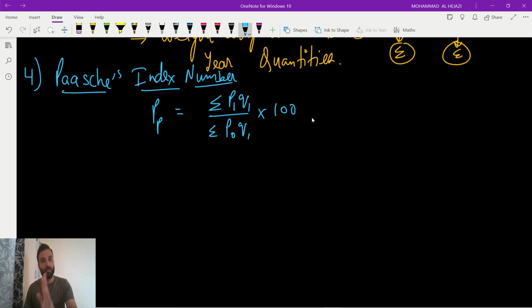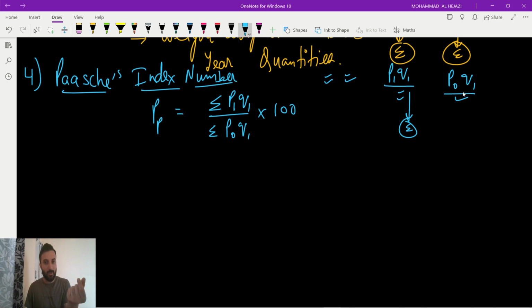Same we have to do. P0, P1, Q0, Q1, everything they will give. You have to make two columns. One is P1 Q1, means you take the value of P1 into Q1 and write here, then again P1 value into Q1 value here. Then that summation is summation of P1 Q1. Next we will make P0 Q1. Same, we take the P0 value into Q1 value and write here, then again P0 value and Q1 value, multiply, then its summation we get is summation of P0 Q1, into 100.